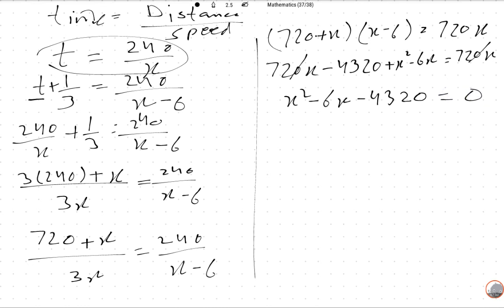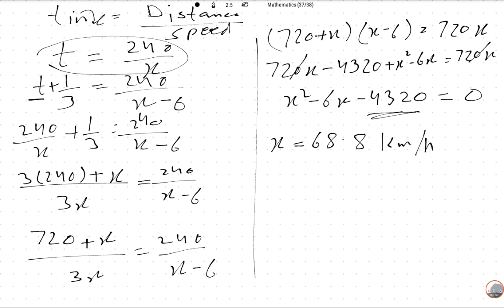I will use a calculator here because this term is very high, so we have to save our time. So we will find two values. x is equal to 68.8 and the second value will be negative, so that's why it's neglected. So kilometers per hour.